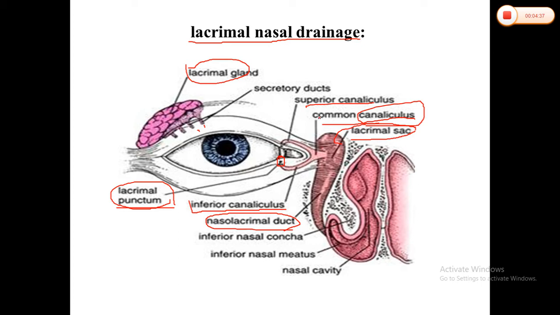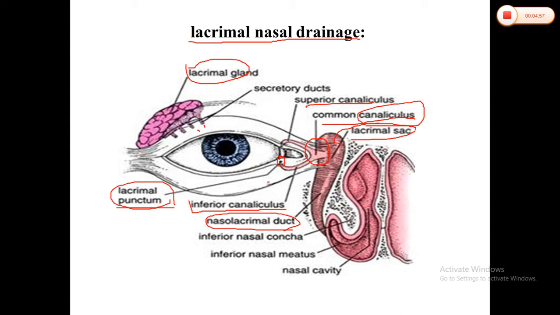They pierce the lacrimal fascia and unite to form the common canaliculus, which opens into the lacrimal sac.